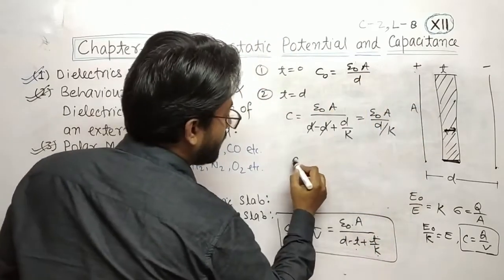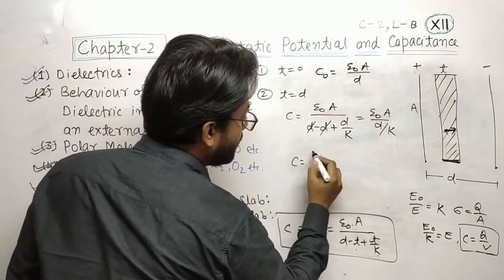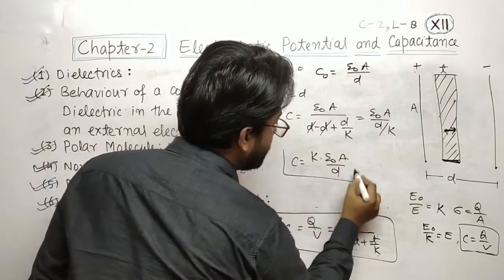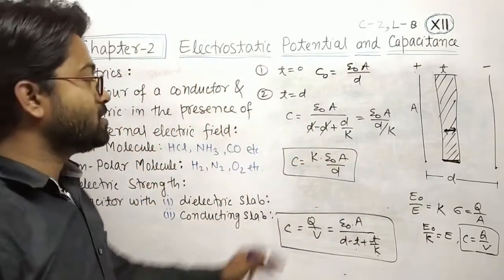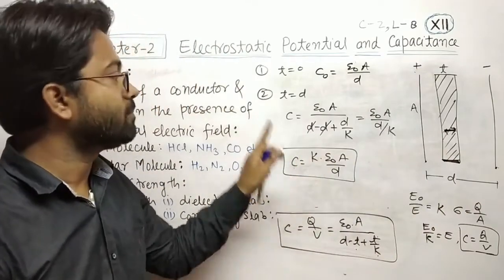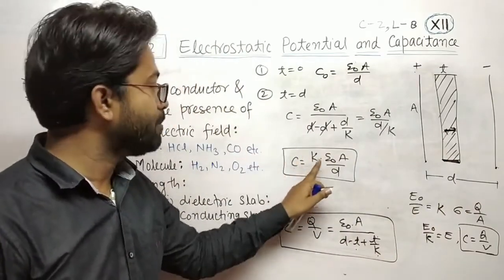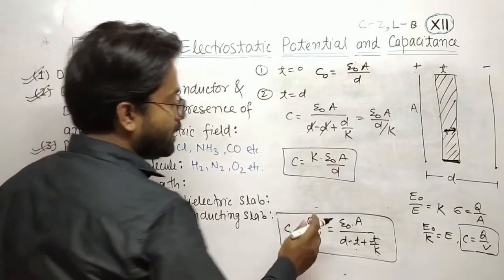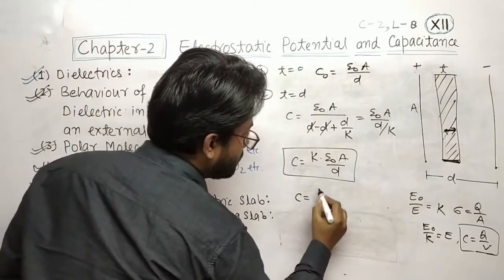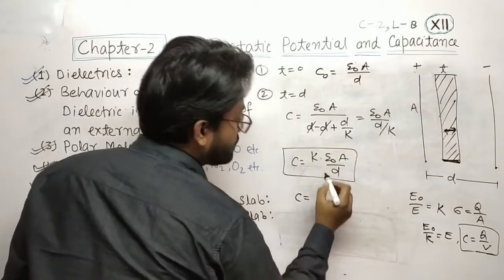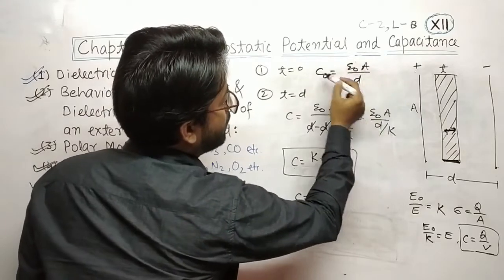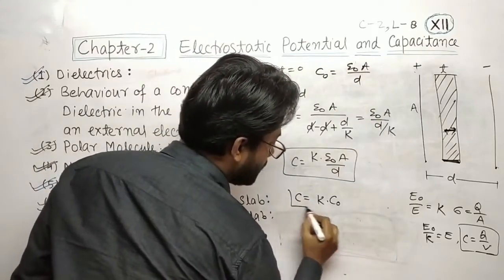K ऊपर चला जाएगा, क्या हो जाएगा यहाँ पे? K times epsilon naught A upon D. When the capacitor is completely filled with a dielectric, the capacitance of the parallel plate capacitor will become K times epsilon naught A upon D, or in other words C equals K times epsilon naught A upon D. Epsilon naught A upon D can be written as C naught.